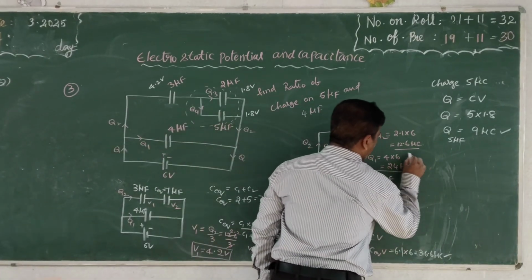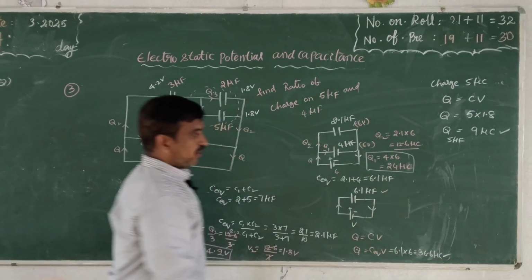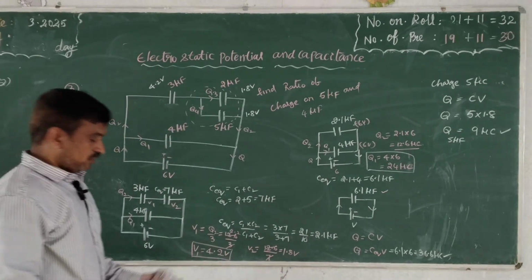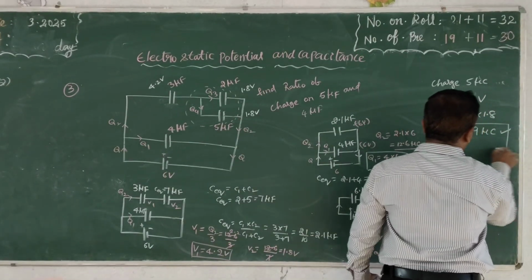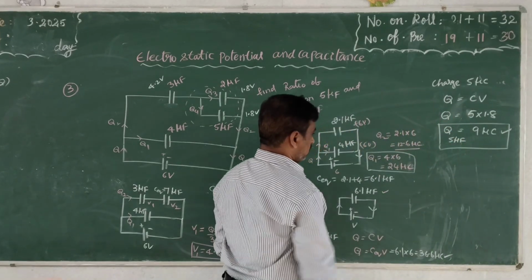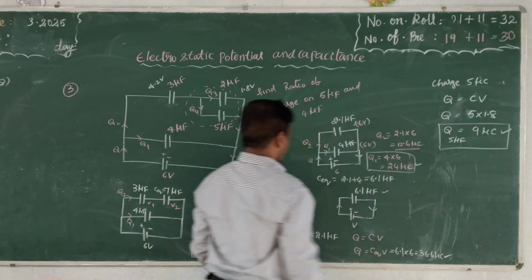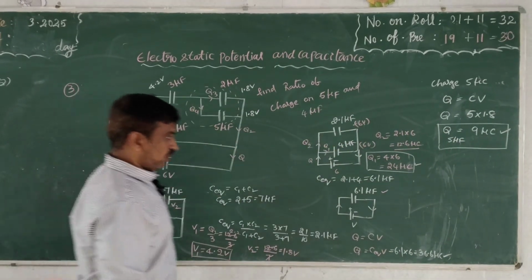So what is Q1 now? 24 microfarads, these two we want. So the charge on 5 microfarad is 9 microcoulombs. Charge on 4 microfarad is 24 microcoulombs.